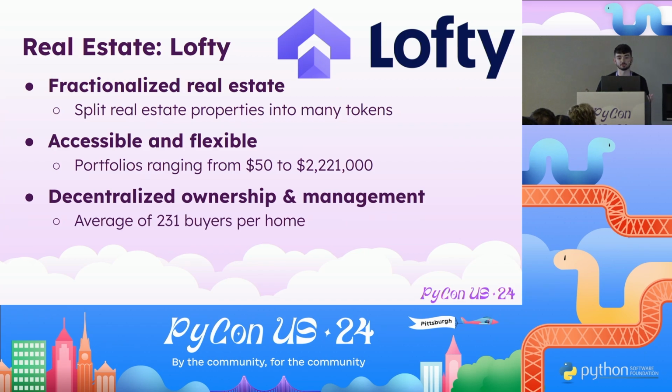But those investment trusts require trust, and they also require a lot of administrative fees for those managing the trust. The people in the trust might not necessarily have control of how those properties are managed. And so Lofty uses blockchain to further improve that fractionalization of real estate and make it easier to get exposure to real estate and have a more diverse real estate portfolio.